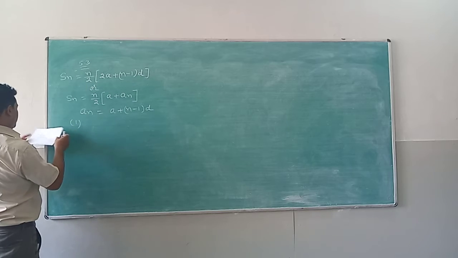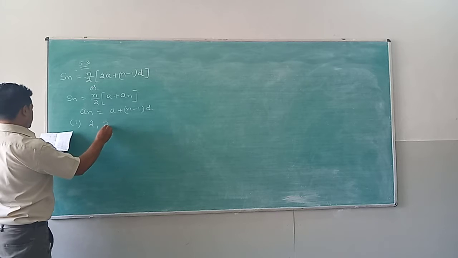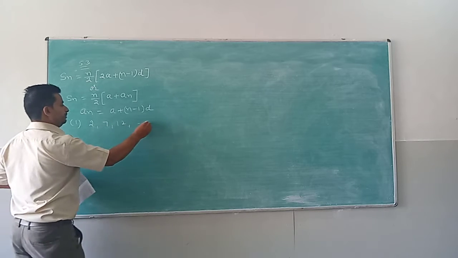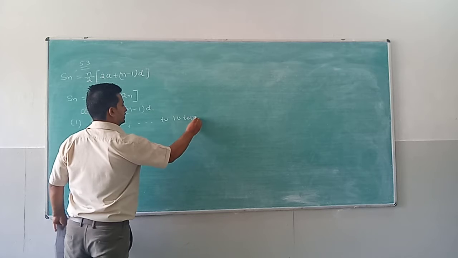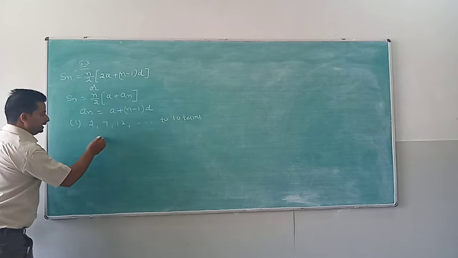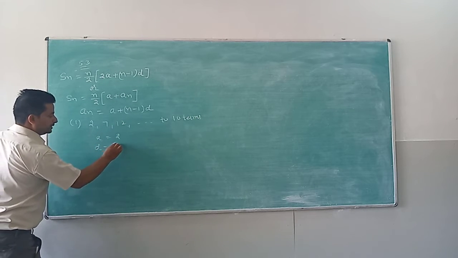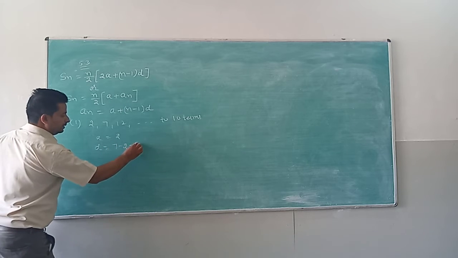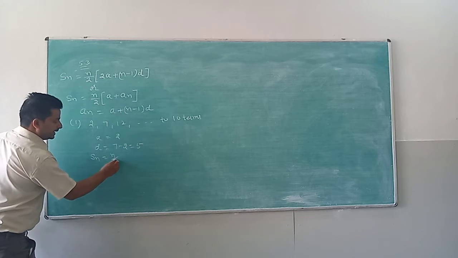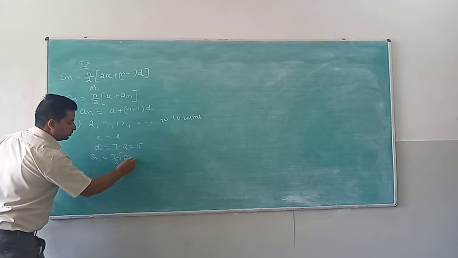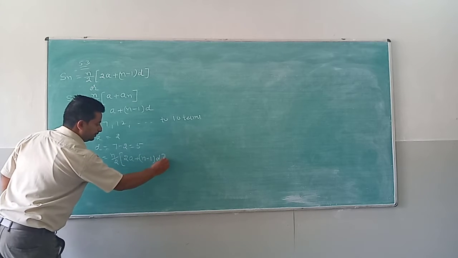In question number 1, the statement is: find the sum of the AP up to 10 terms. In this AP, a is 2, and the common difference is a2 minus a1, which is 5. So the formula of Sn is n upon 2 into 2a plus n minus 1 into d.